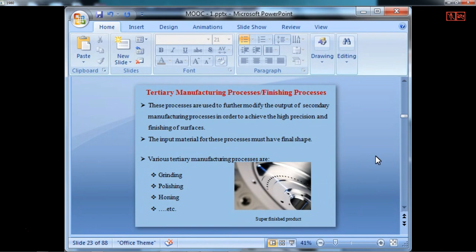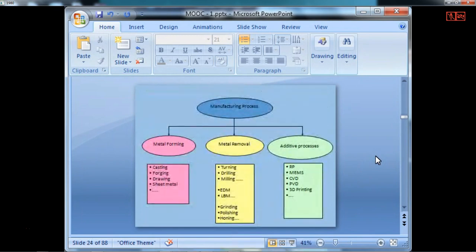The amount of material removed will be very small, but we achieve accurate dimensions and a good surface finish, which is basically the requirement of the machine components. Processes like grinding, polishing and honing come under this type of tertiary manufacturing process. So we can put the manufacturing processes into three basic categories like this.